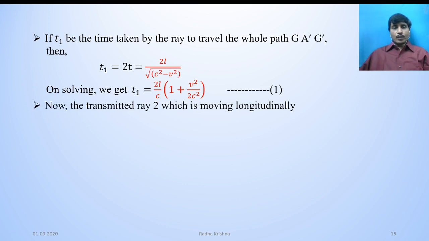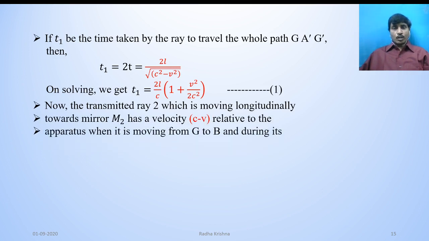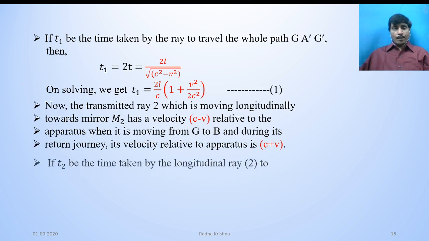Now, the transmitted ray 2, which is moving towards the mirror M2, has a velocity c minus v relative to the apparatus when it is moving from G to B, and during its return journey, its velocity relative to the apparatus is c plus v.